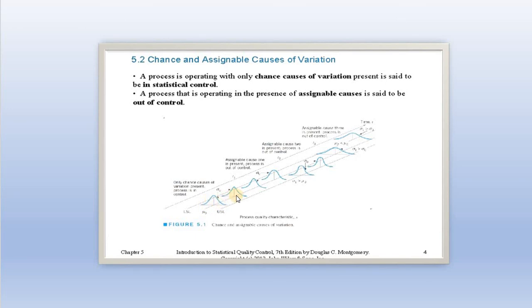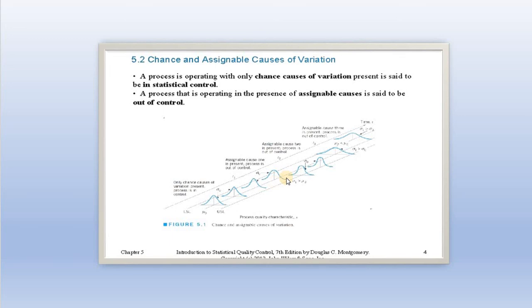You see here, the process is in control up to a particular time point. In this area, the process mean and variance are inside both the control limits, upper control limit and lower control limit. So the process is in control.